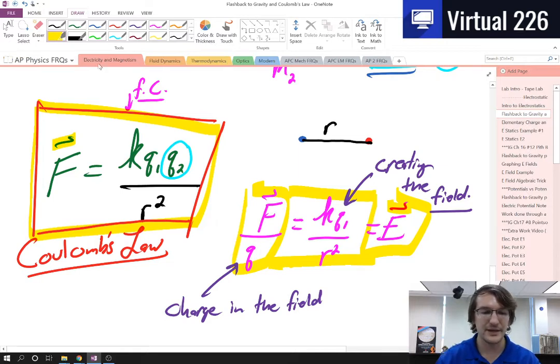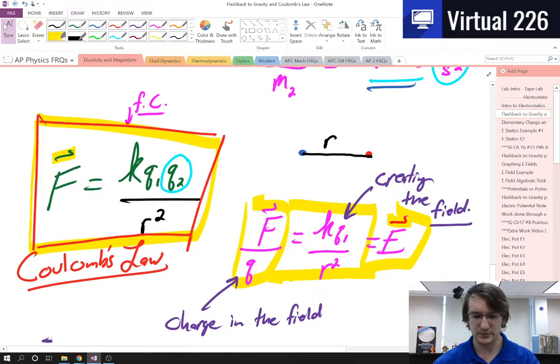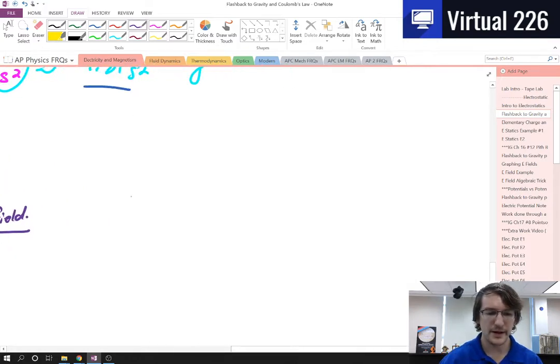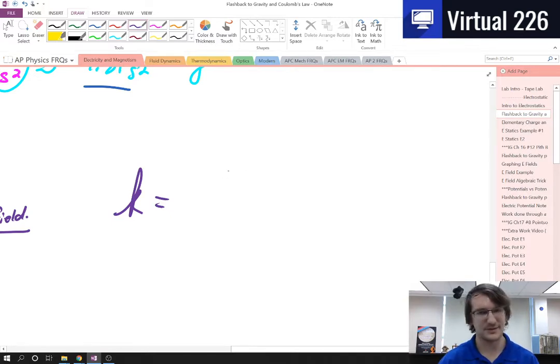Now I said I'd share with you what the fundamental constant k is. K is a little bit weird to think about in terms of fundamental constants. K is a fundamental constant for our charges, and we define k as equaling, this will be weird, 1 over 4 pi epsilon naught.